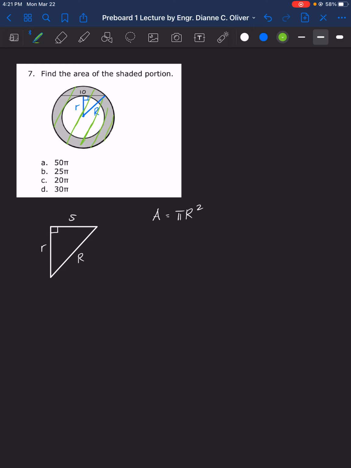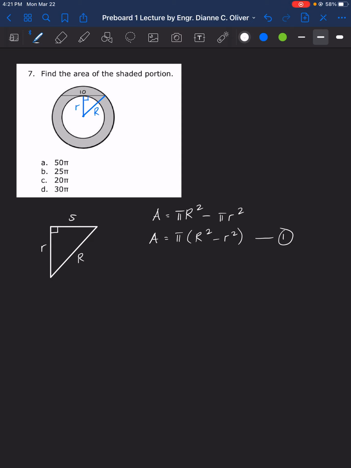We're taking that area, pi R squared, minus the area of the smaller circle, that is pi r squared. That is, area is equal to pi times R squared minus r squared. So that is equation 1.